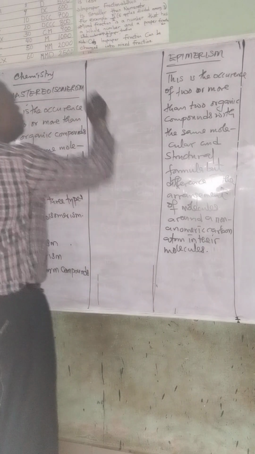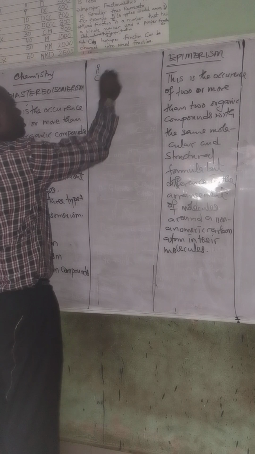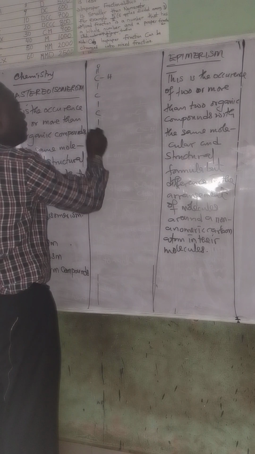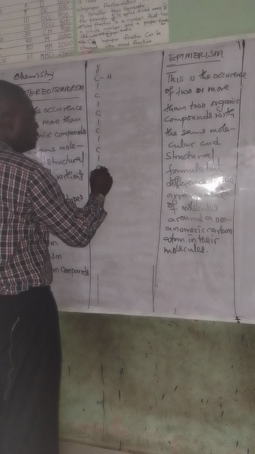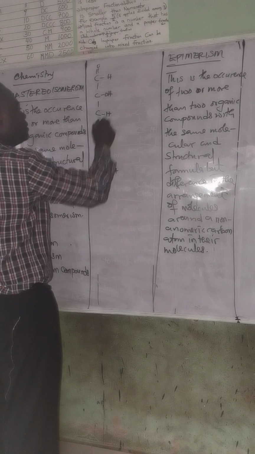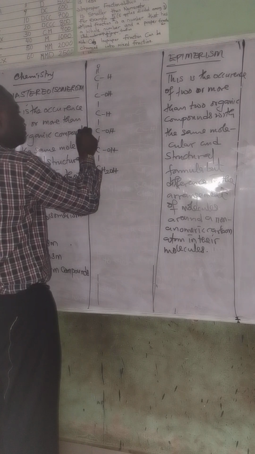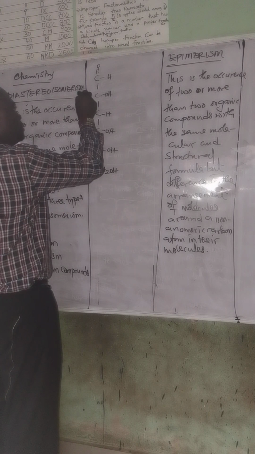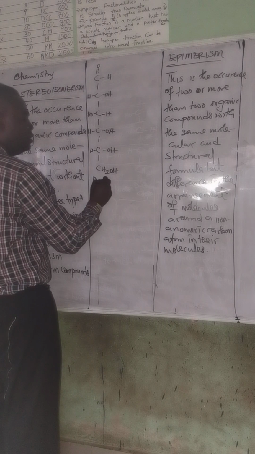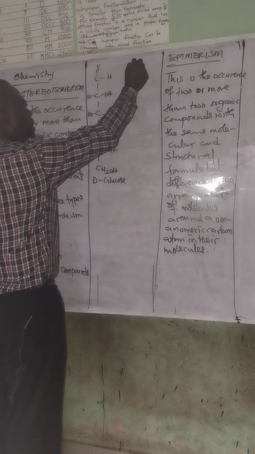Let's take a look at glucose. 2, 3, 4, 5, 6. So what you have here is D-glucose. D-glucose is what you have here.